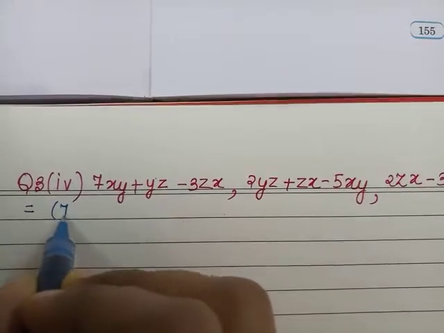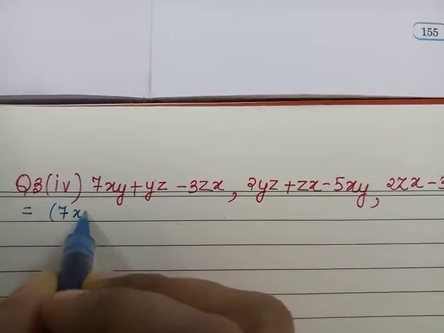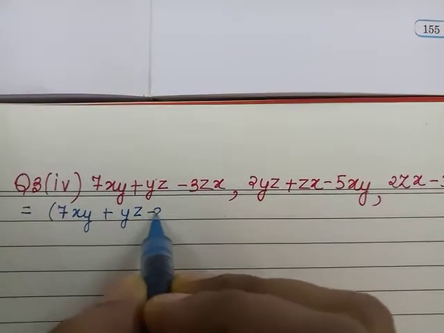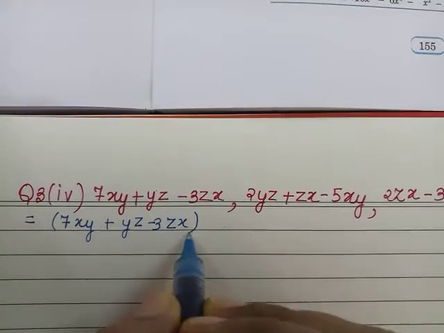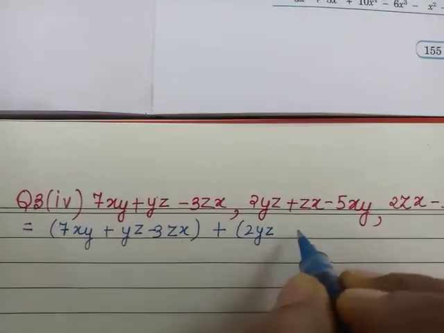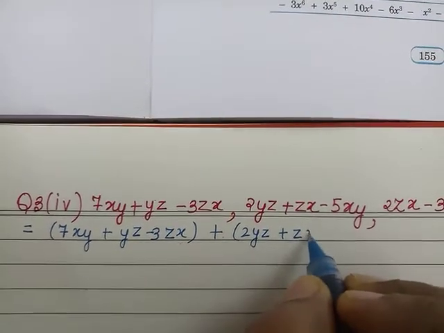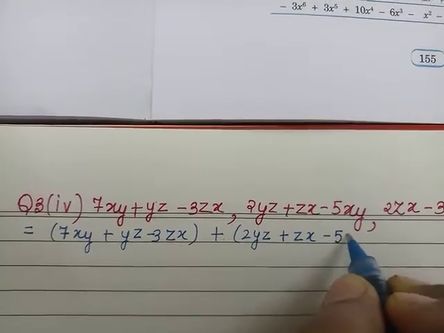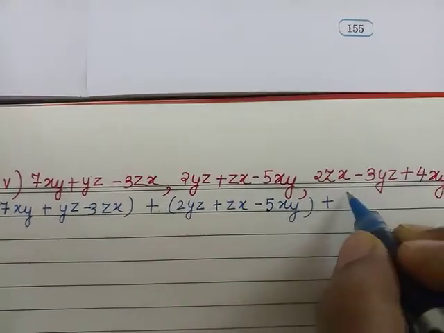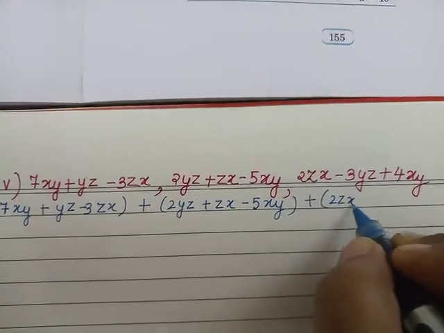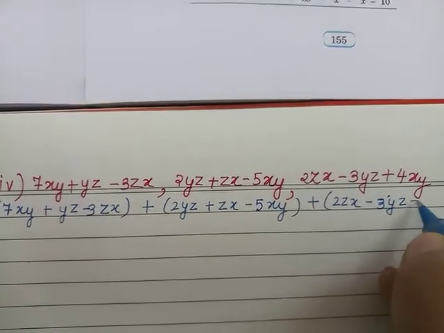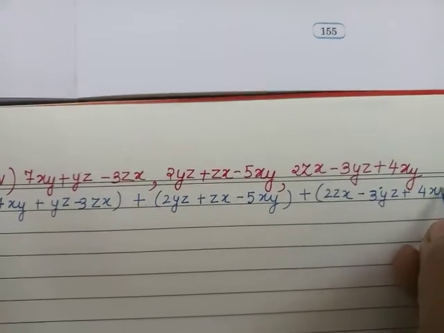In the first bracket, we write 7xy plus yz minus 3zx, plus 2yz plus zx minus 5xy, plus 2zx minus 3yz plus 4xy.